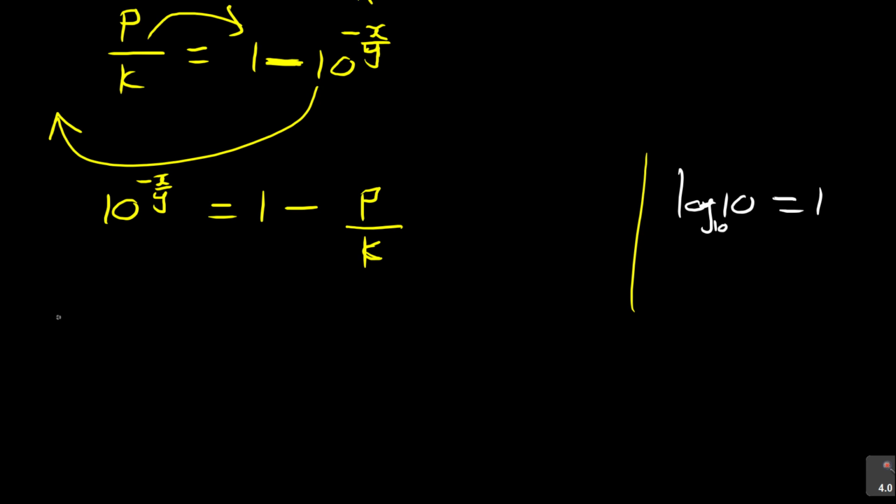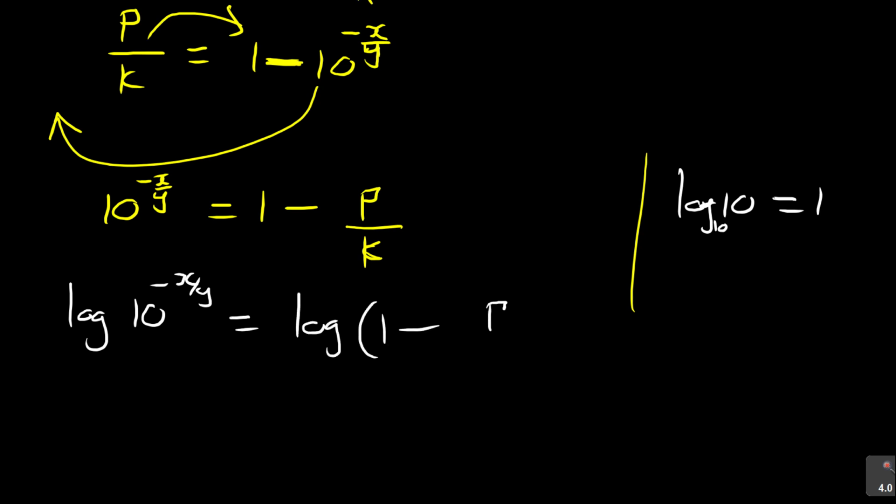So if I introduce logs, I will have log of 10 to the power negative x over y is equal to log, then you put the bracket here, don't forget, very important to do that.